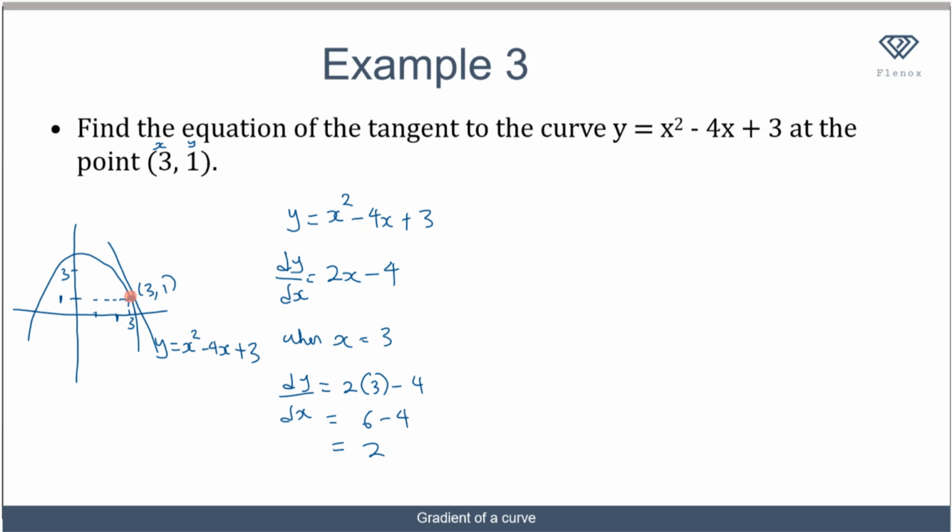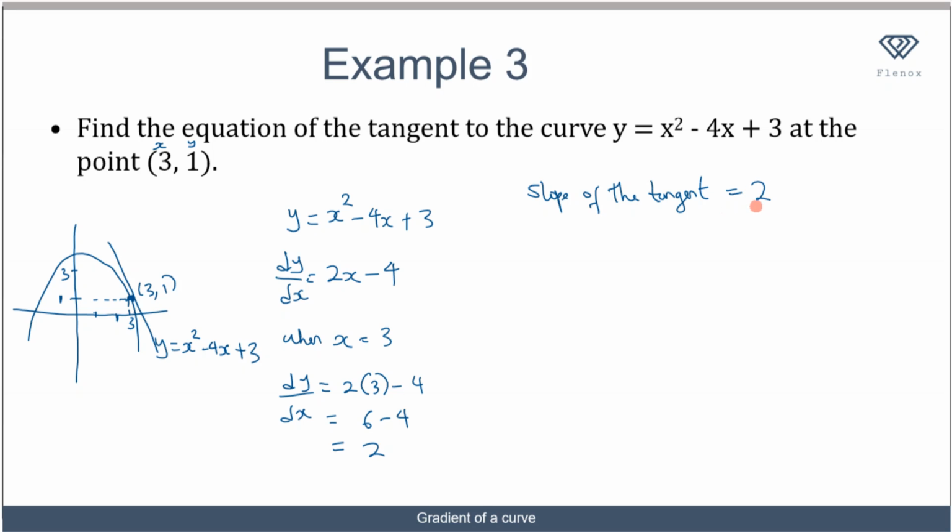Now that I've gotten the gradient at this particular point as 2, since we know that the tangent is touching this particular point, we know that the gradient at this point and this line are going to be the same. So the gradient of this line is also 2. So we can write that the slope of the tangent is equal to 2.